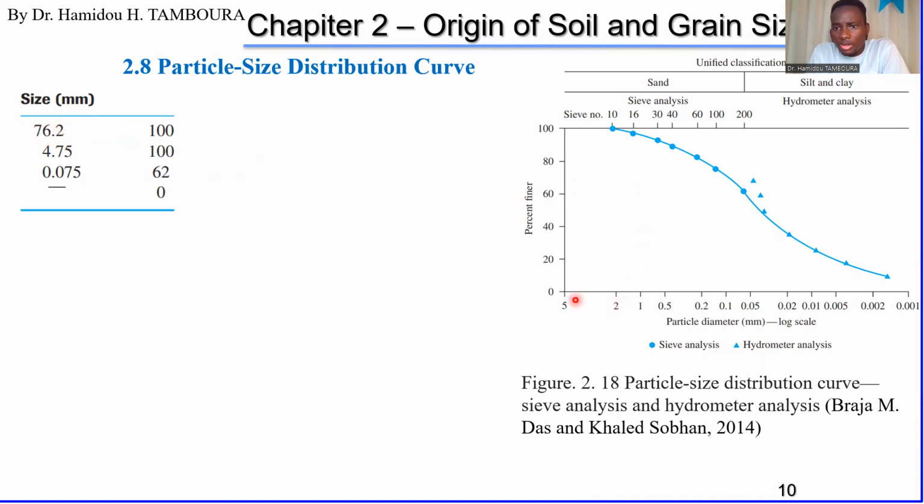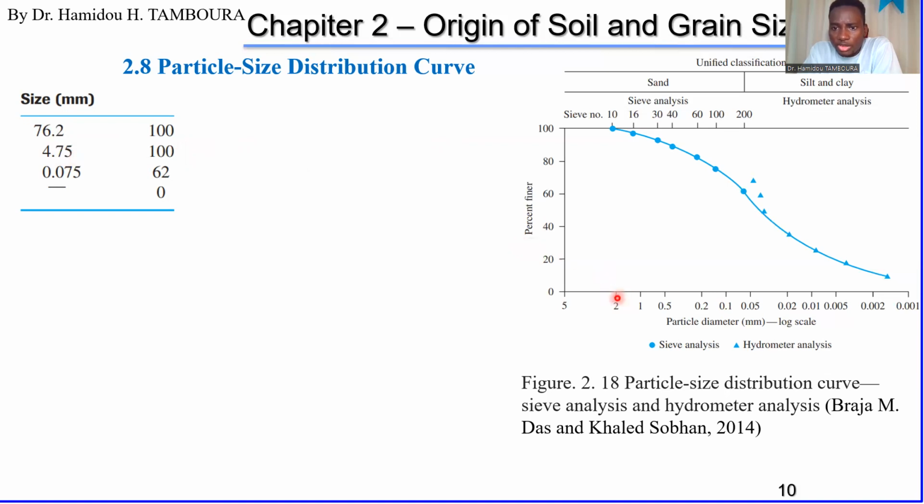If we see, the largest size of this soil particle is even less than 5 millimeter. So we can say that 100% of the soil is smaller than this size, 76.2. That's right.